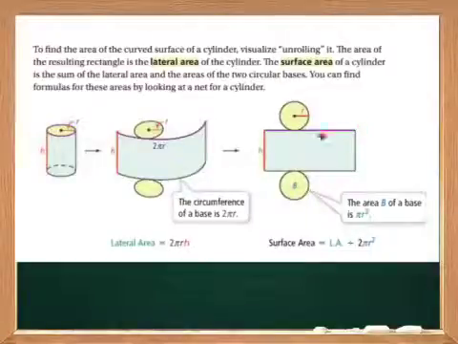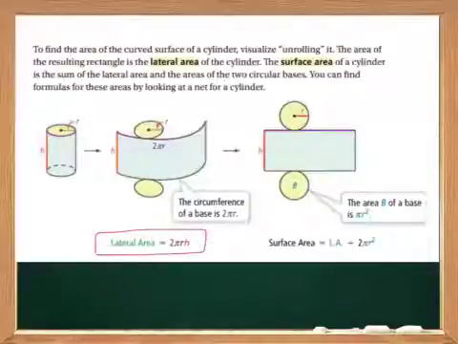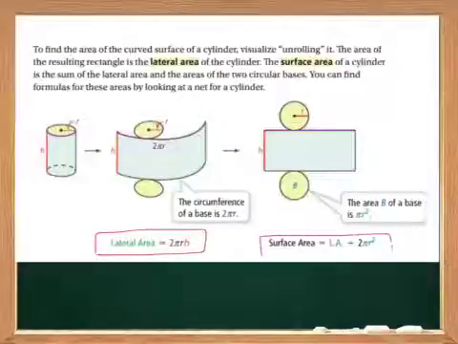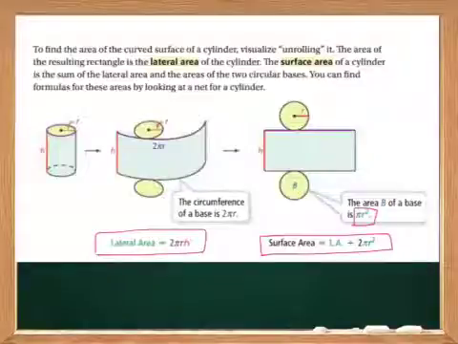So it's made up of a rectangle and then two circular bases. The lateral area, this one is a nice formula to just memorize these two, is going to be 2 times pi times the radius times the height. And the surface area is going to be the lateral area plus 2 pi r squared, because the area of one of the circles would be pi r squared, but there's two of them, so 2 pi r squared.